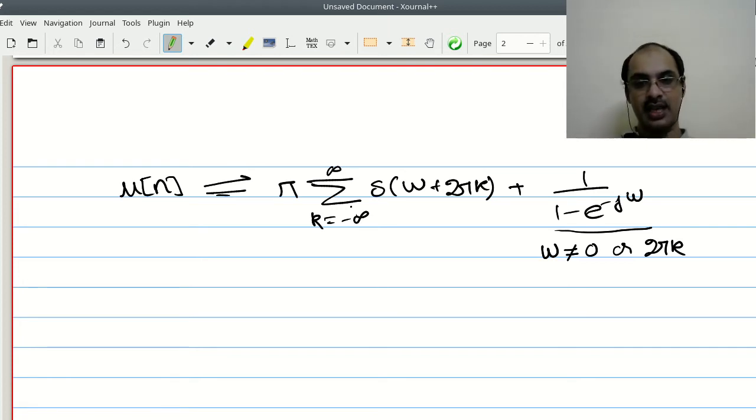Pi times the summation over k from minus infinity to infinity of delta of omega plus 2 pi k is very related to the DTFT of the all one sequence.